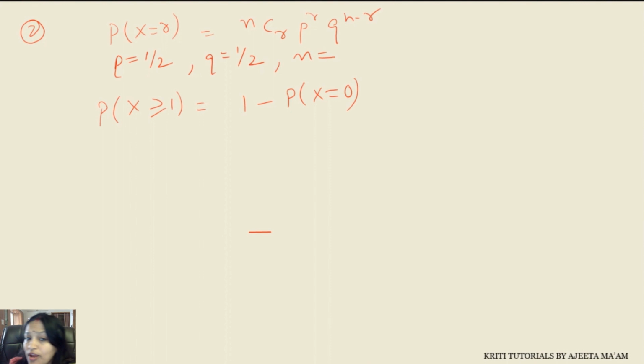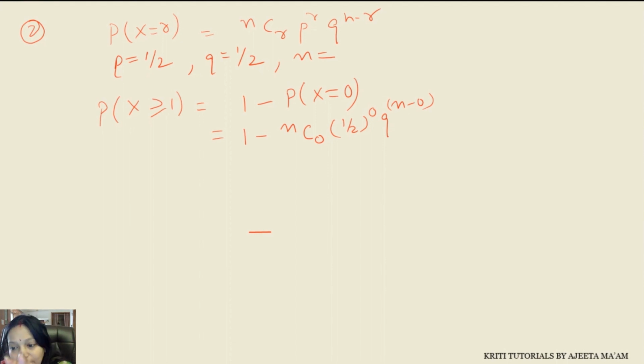So no worries, we don't have 10, no worries, because we will do the reverse process. 1 minus p of x is equal to 0. Now what's the formula that applies here? 1 minus nC0 half raised to 0 q raised to n minus 0. Correct? This is what we have. And now what is given to you?